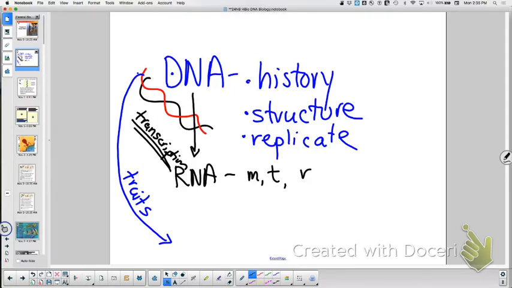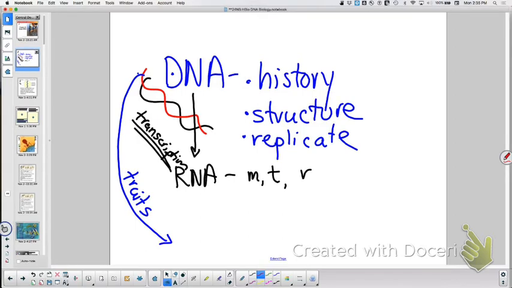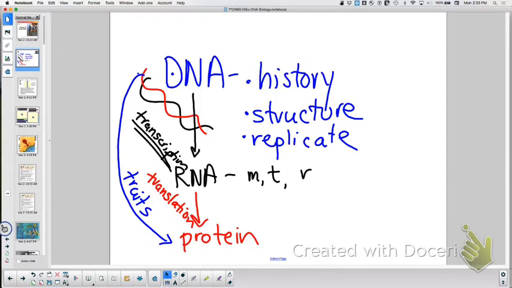Okay, then the third step is we use that RNA to build a protein. And that process is called translation. That's the basic premise; all the details that I give you today have to fall underneath this umbrella in one of these places.